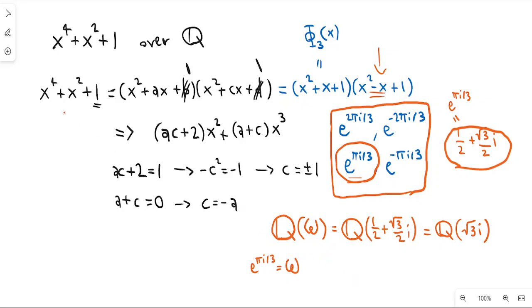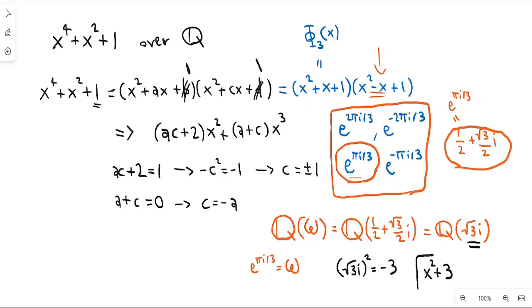Okay, so the last thing that we should probably determine is what's the degree of this extension. And for that, we just need to find the minimal polynomial of square root of 3 i. So what's that polynomial? Well, if I take square root of 3 i squared, that's just going to be -3. And so actually, square root of 3 i is a root of x squared plus 3.